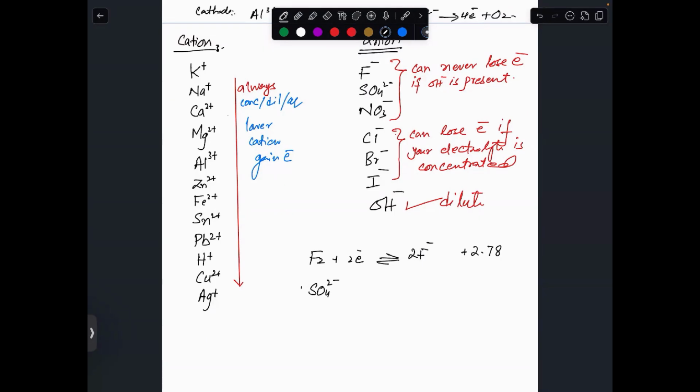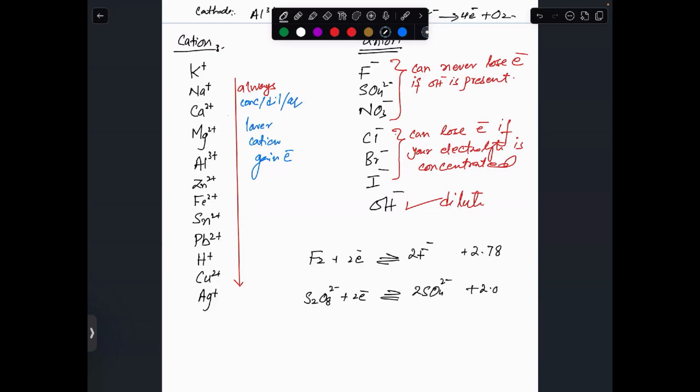Sulfate, it is S2O8, gains 2 electrons, making 2 sulfate.